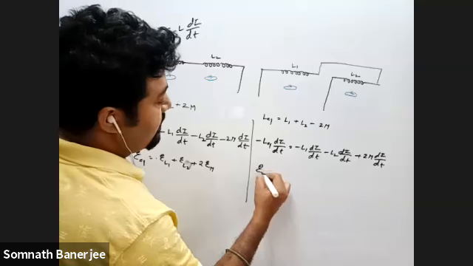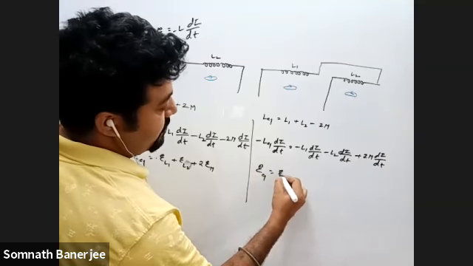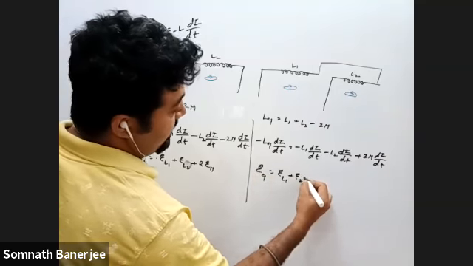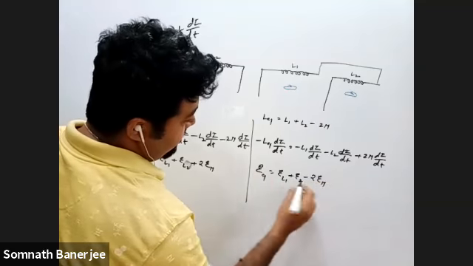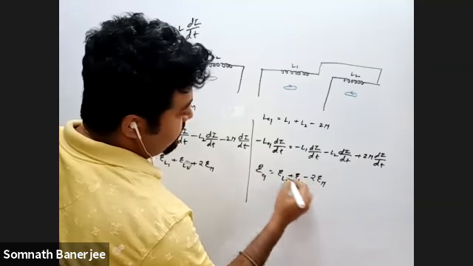So you have L equivalent as L1 plus L2 minus 2M.